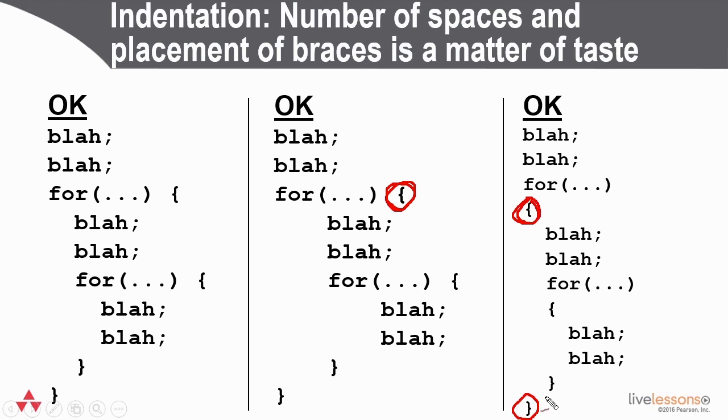There's universal agreement that when you start a block, you must indent, and you should never change your indentation except when you change your nesting level. My personal opinion on should the curly braces go on the same line or the next line is it doesn't matter. I really don't think it matters, and I think that if you are a software manager, you don't have to impose coding conventions on your team.